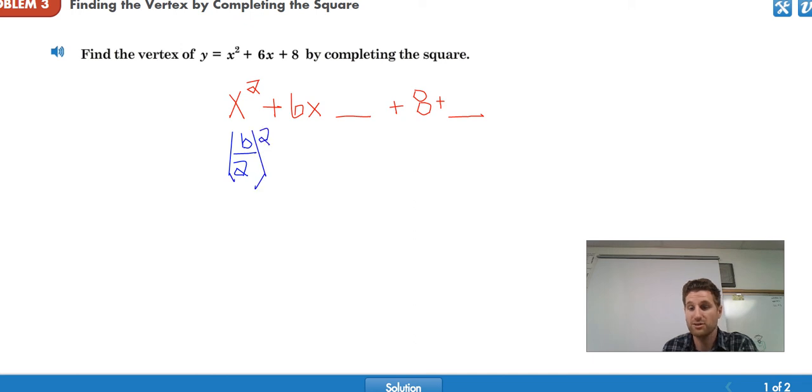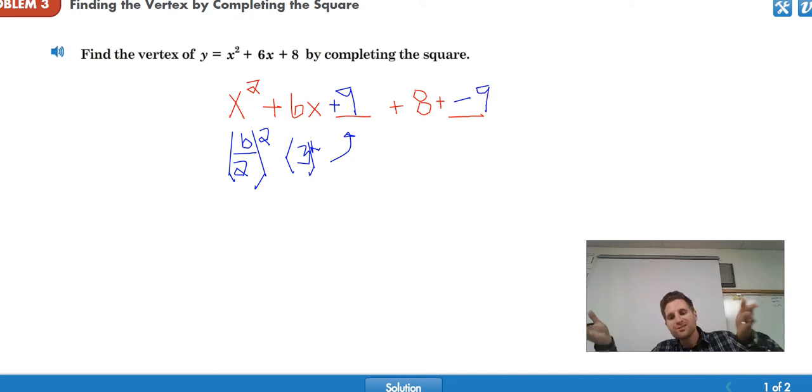That's going to be 6 over 2, which is 3, squared, which equals 9. Since I added 9 here, I shouldn't add to the other side, so instead I'm going to add a negative 9 over here. That will still keep everything balanced. I added a 9, but then I also subtracted the 9, so I'm getting kind of tricky with that.